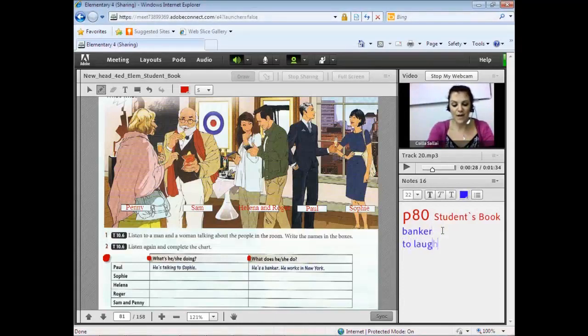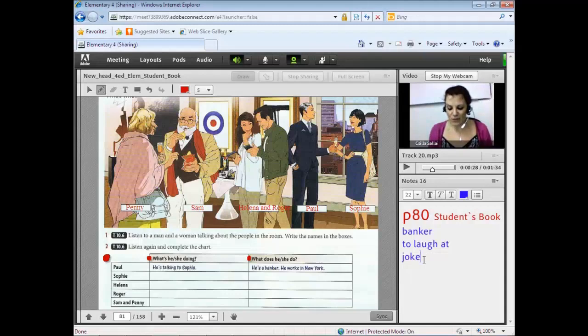To laugh at somebody or something. So what does it mean? Exactly, when you make that ha-ha sound when somebody tells you something funny, like a joke, for example, that's when you have a good laugh. So a joke is a funny story, which I'm sure you all know.